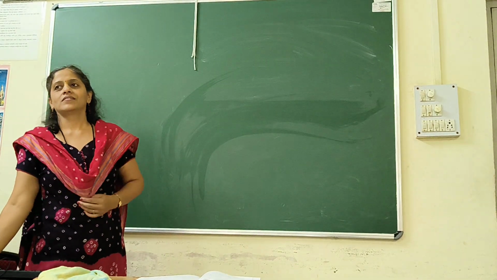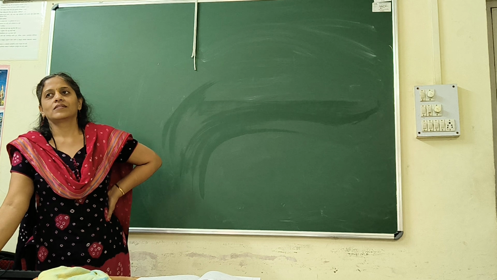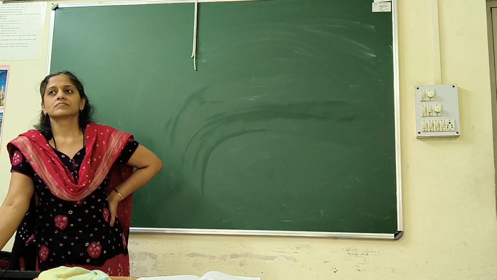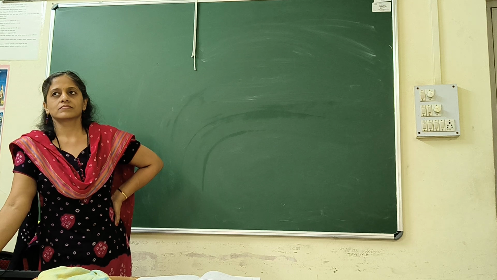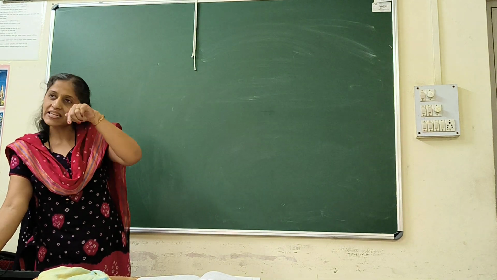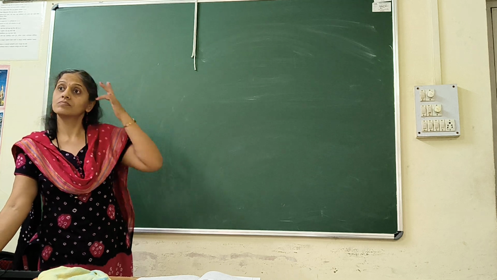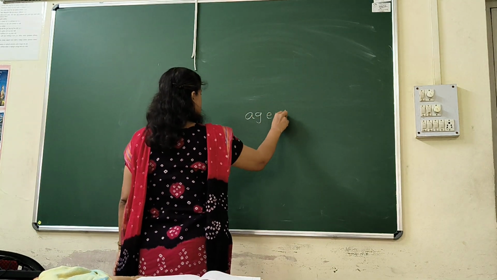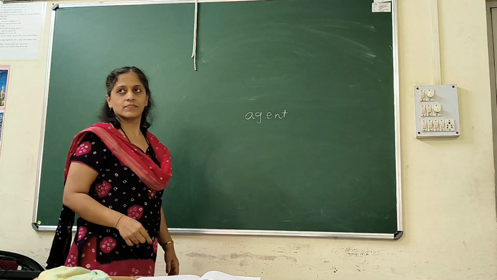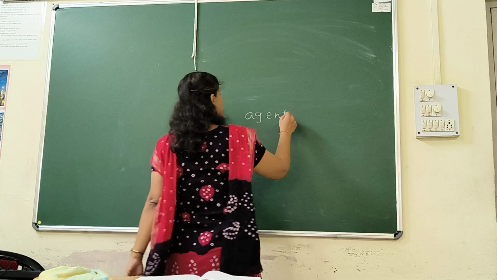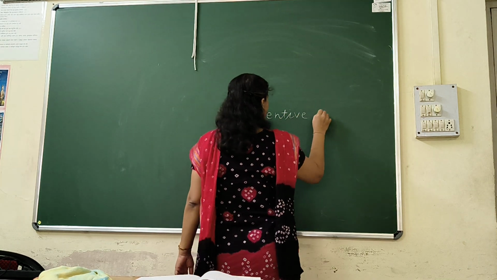Yes, but I don't know when we want to mix the verb. If you want to say that someone is doing that action, agentive noun. What is agentive noun? What is agent? Agent, the one who does that. So agentive noun, I use the word agentive noun.